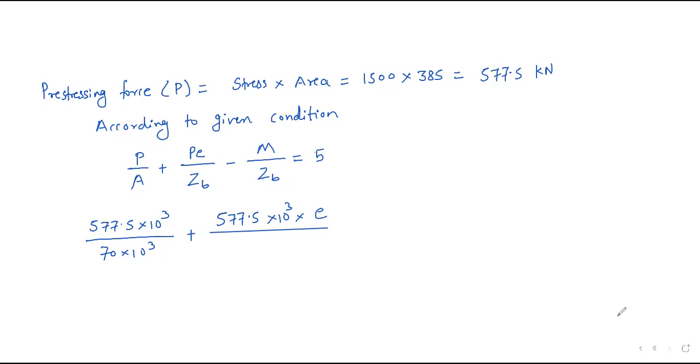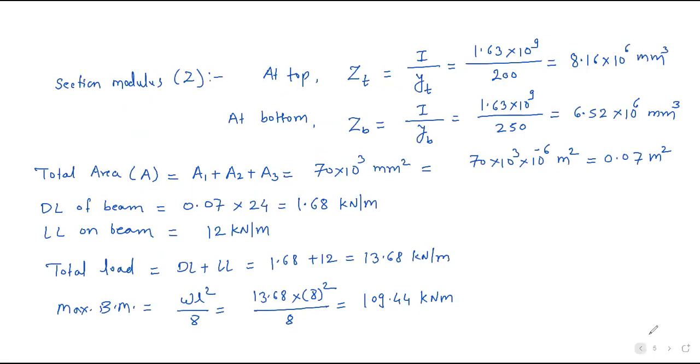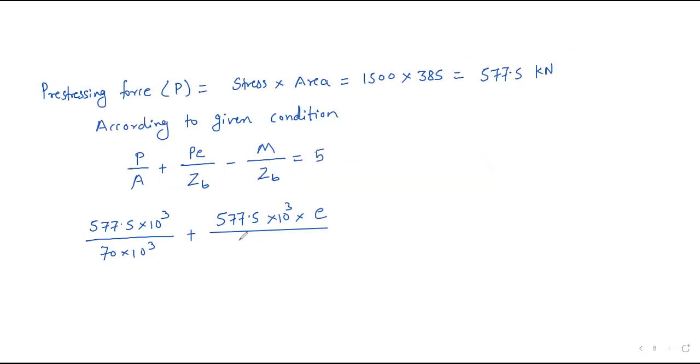What was the value of that section modulus at bottom? 6.52 into 10 raised to 6, minus moment.